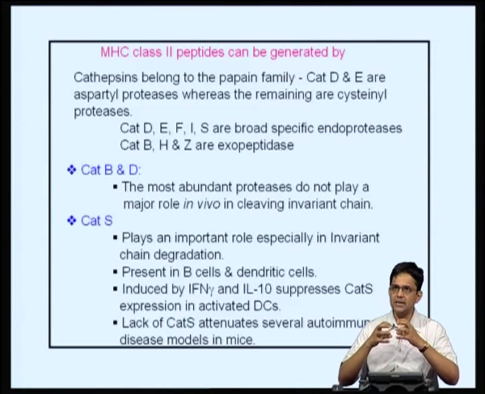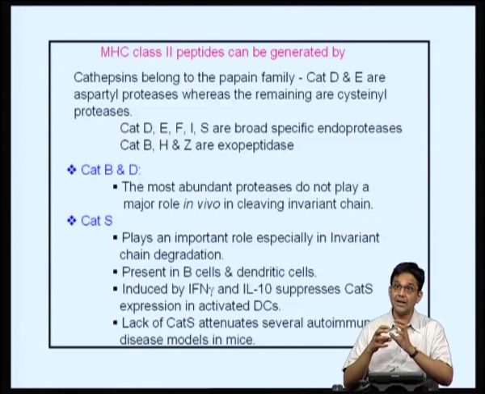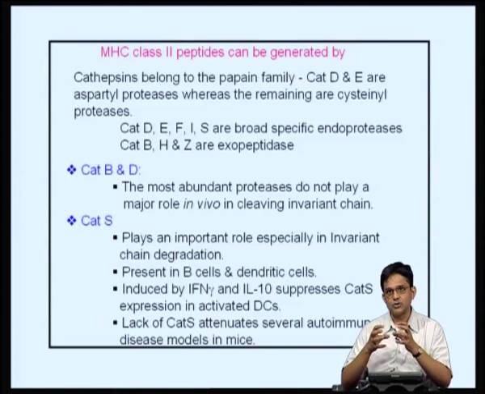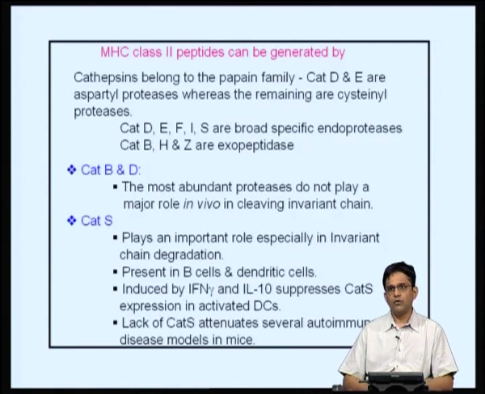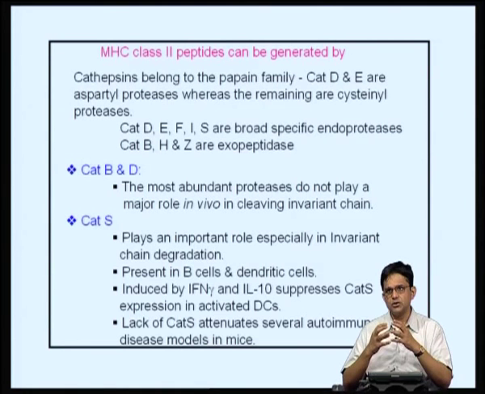So, it appears the MHC class 2 are present in specialized compartments which are lysosome like, but not exactly lysosomes, and that is why this name M2C has been given. Because of certain markers that people look for, there are some differences between the markers of the true lysosomes and the M2C compartments. But cathepsins are present in both these compartments, and they are important for the generation of peptides, because once you have proteins over there, they need to be broken down, and cathepsins are primarily responsible for it.